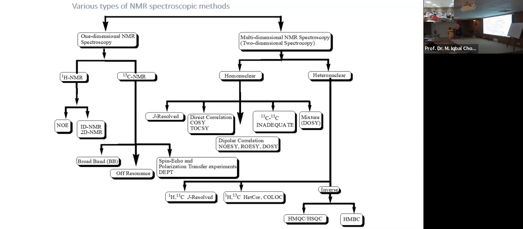Question: how can the concentration affect the experiment? If I use, for example, a simple compound like ethanol, is there a big difference? You need at least the minimum concentration required for different types of experiments.